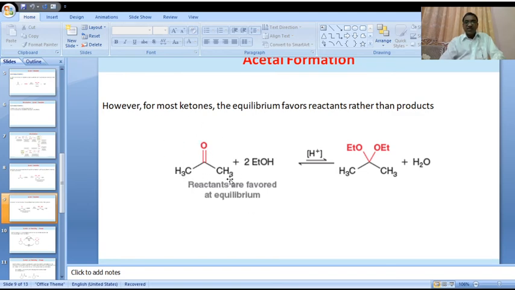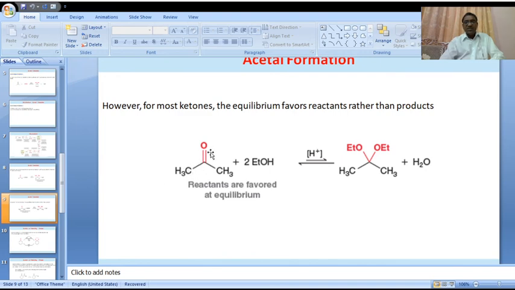In this acetone, two methyl groups, which are plus I inductive effect, electron donating groups, are attached to the carbonyl carbon.